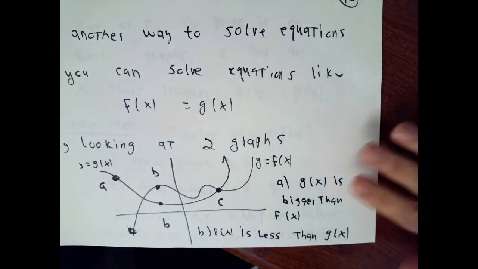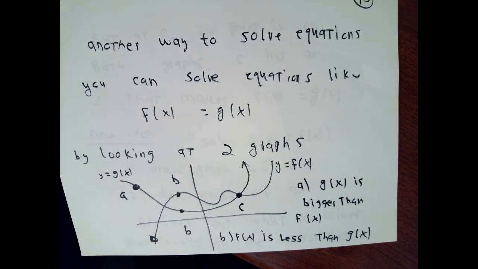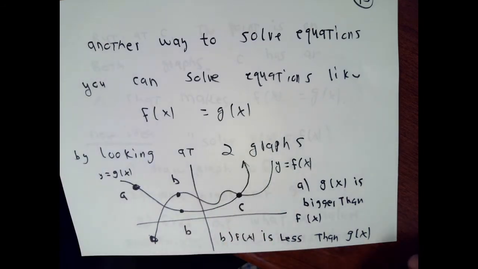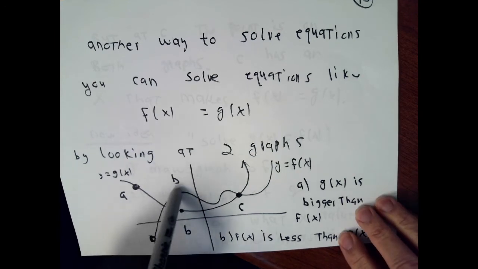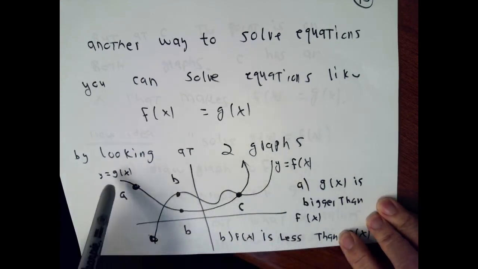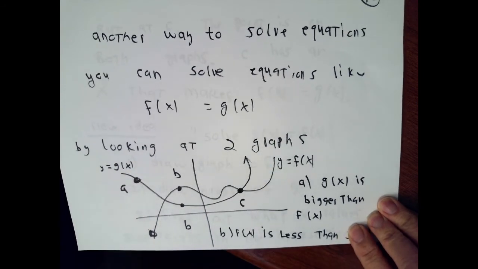There's another way you can think about this. If you want to solve an equation that looks like something that involves x equals something else that involves x, you could draw the two graphs separately instead of subtracting them. So this one is the graph of y equals f of x, and this one is the graph of y equals g of x.